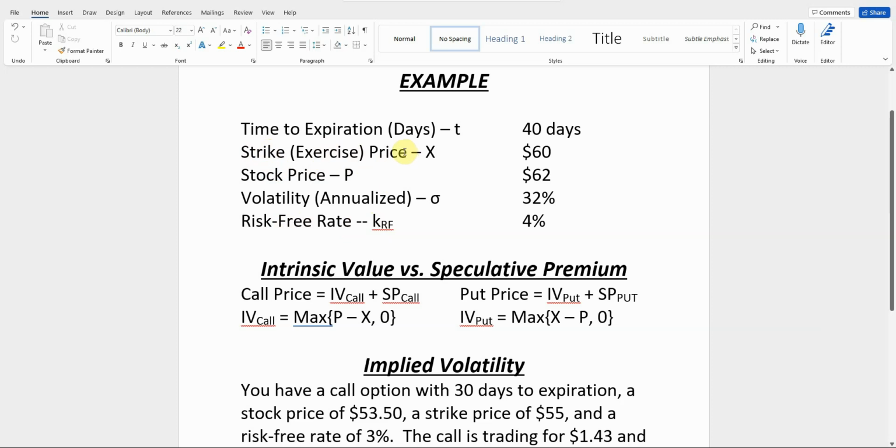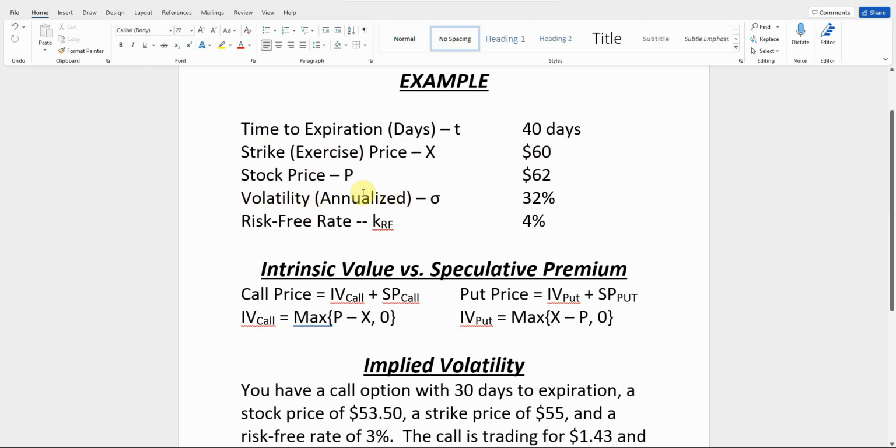Now there are going to be limits, so I can't choose a strike price of $59.72, but I can choose one of 60, or usually $67.50 or something along those lines. Time to expiration, if I've got a calendar, I can count that. What I don't know is what that volatility is going to be.